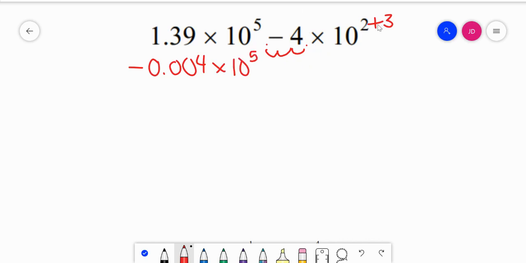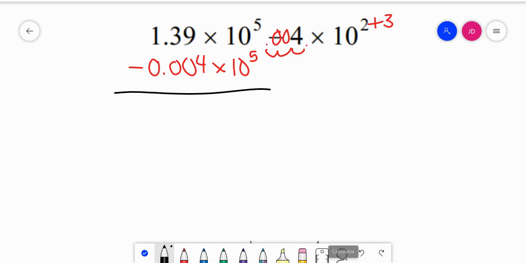Okay, so since now I have the same exponent, I can subtract them. But remember, when I add 3 to this exponent, I have to move this decimal over by 3 and fill in the empty spots with zeros. That's where I got 0.004. And then you can use a calculator at this point.